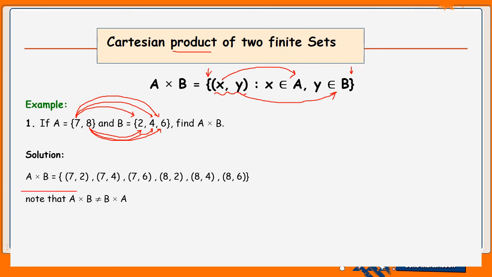Note that A cross B is not equal to B cross A. If B is the first projection and A is the second projection, the ordered pairs will change.